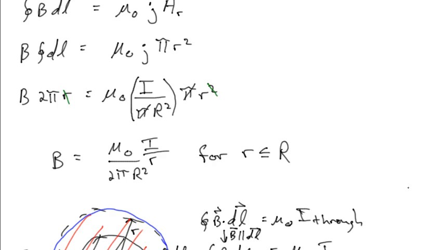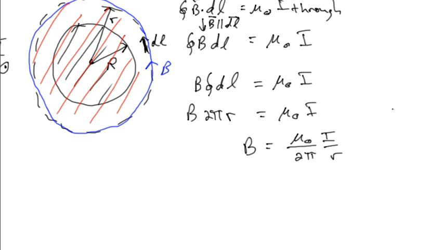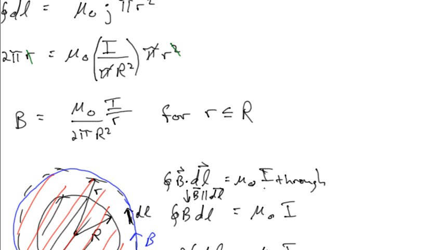This should be good for r greater than or equal to capital R. So they should match up when little r is equal to big R. Let's make sure that's the case.